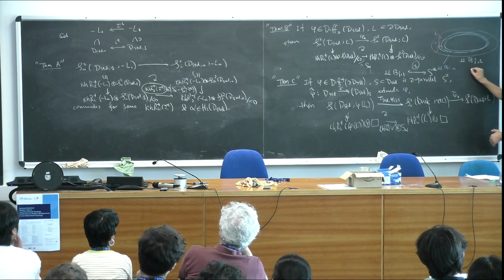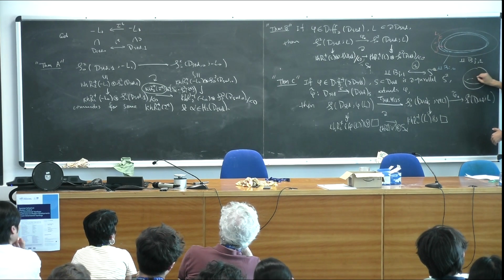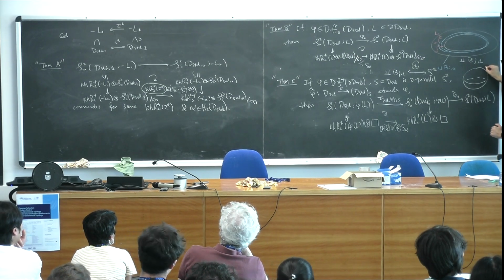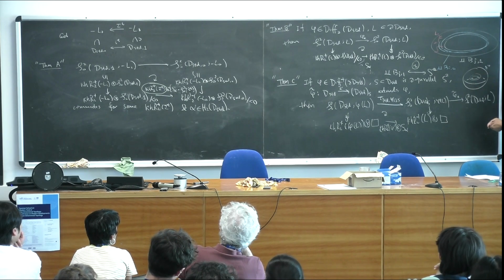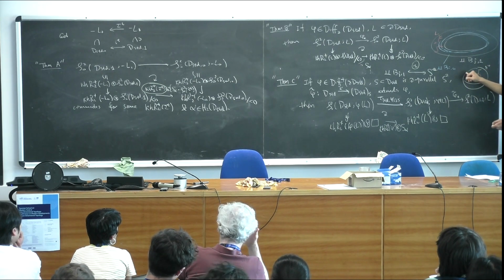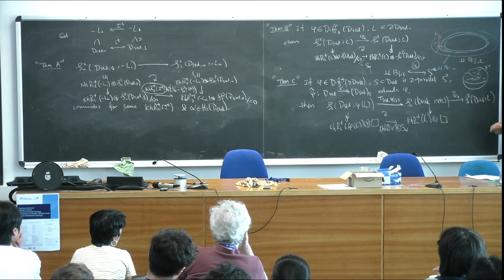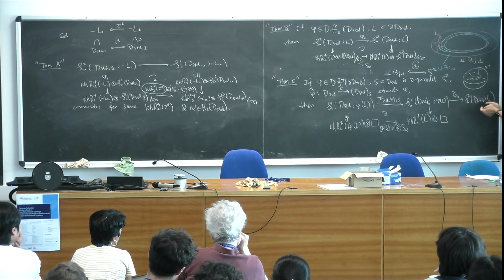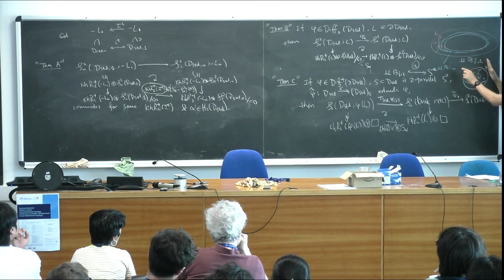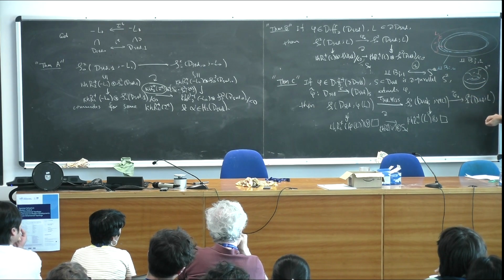For example, if I have a 4-ball and a little S1 times S2 inside, and I have a link cobordism going like this, I need to assign a map from here to there. And if I embed this B4 into something larger, I get another induced map, and this assignment is functorial.